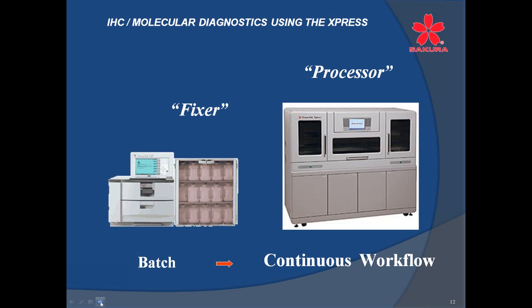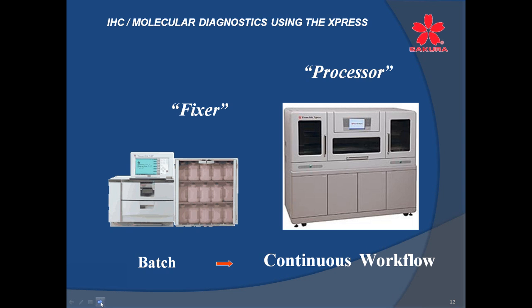We won't go into all of that. But I refer to this as a fixer. Because you can put tissues on, you can delay the formalin fixation for several hours, for a few days, holiday weekends, and so forth. And then after the delay goes off, it starts through the dehydration process, clearing, and infiltration with paraffin.